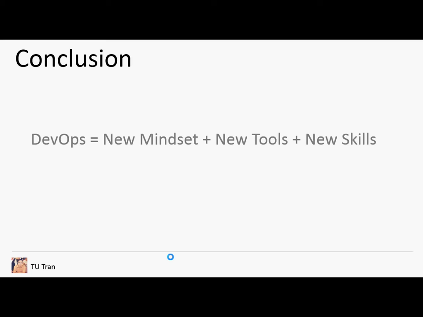And we have new tools. We need to make things automatic as soon as possible, as much as possible. So we need a lot of tools, such as the build server. We have Jenkins, we have TeamCity, we have Docker. We have source control such as Git or TFS or SVN.